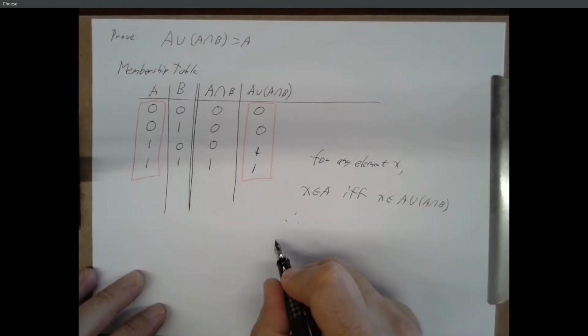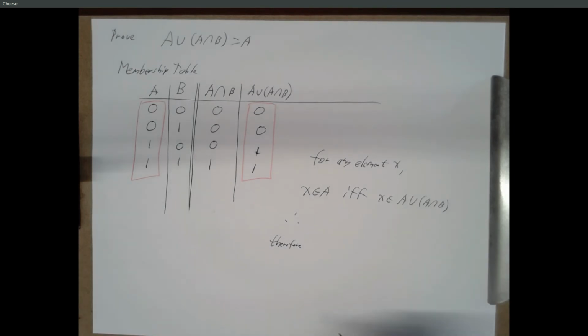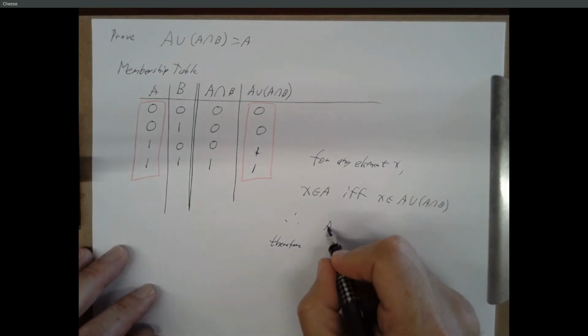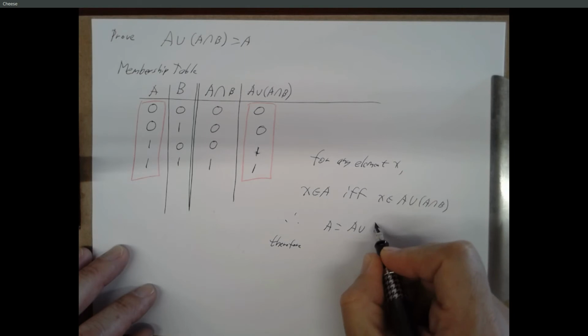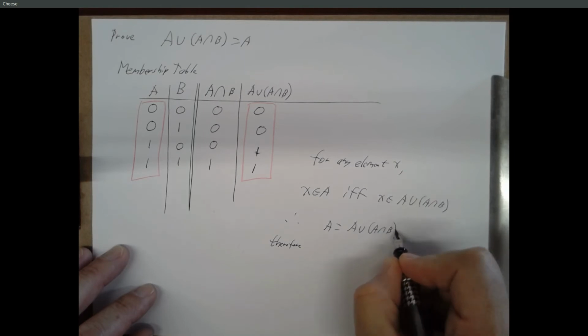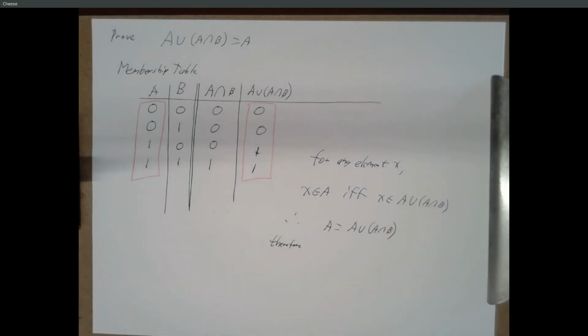So we can say therefore, and we abbreviate therefore with 3 dots in a triangle, therefore A is equal to A union A intersect B. And so that's enough to say we formally proved that this identity is true.